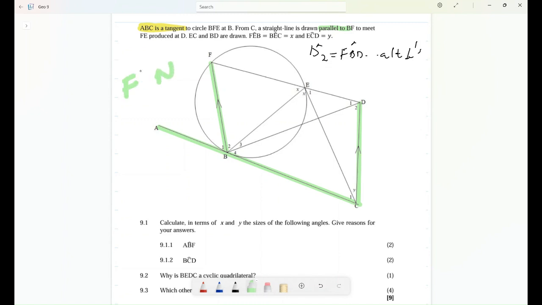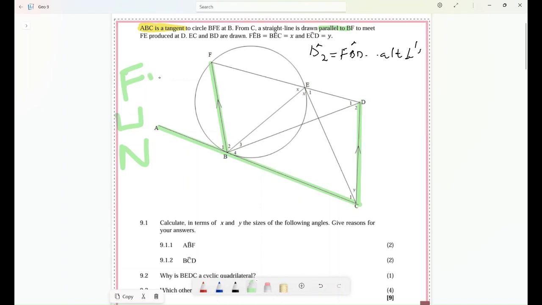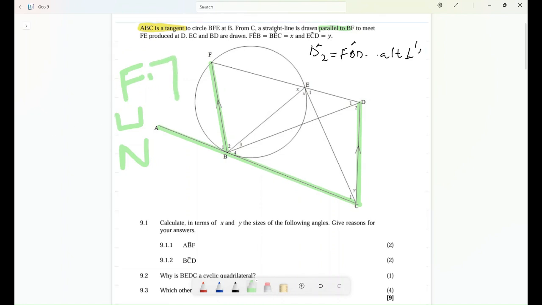Then we have the F part, the U part, the N part or the Z part. So in this case, we are looking at an F shape. Remember, your F shape can look like this, can look like this. So if I have this, therefore I know this angle here, angle B1, is going to be equal to this whole angle here.